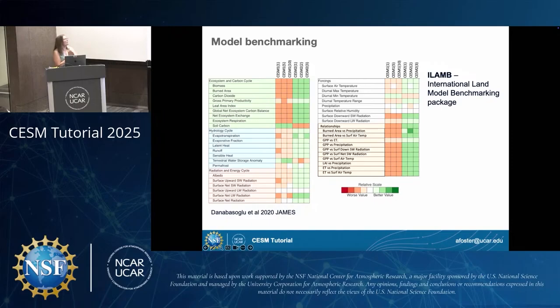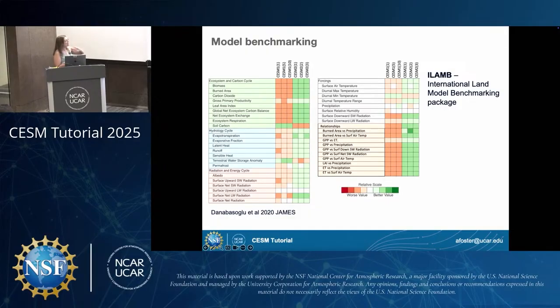If you've never heard of ILAMB, this is the International Land Model Benchmarking package. It's a collection of data sets and then a Python package to evaluate model output against a bunch of different observations. So we're looking at different CESM runs for a bunch of different output variables, like carbon, GPP, different hydrology variables, radiation.